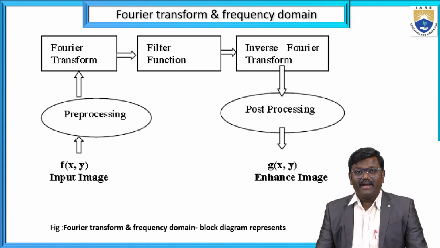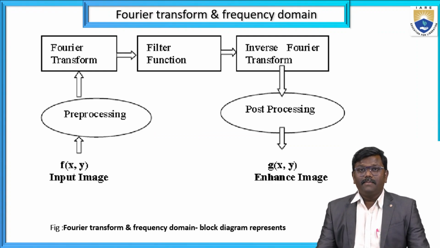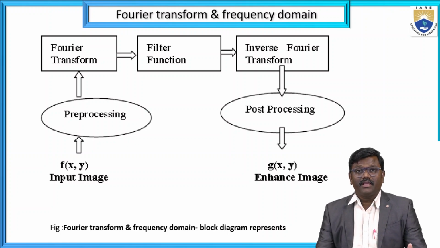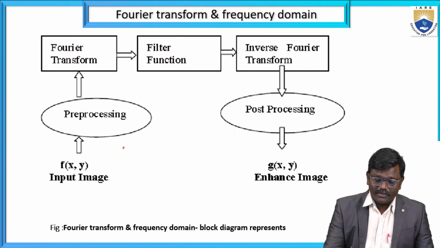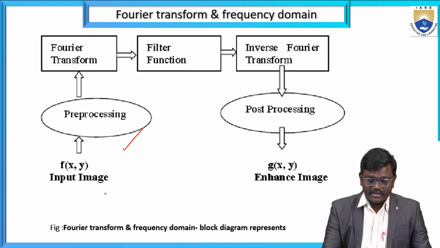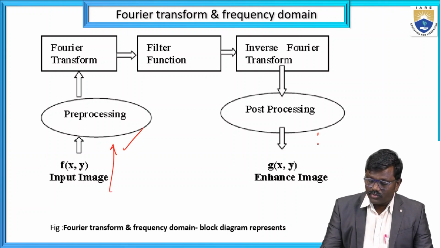We can extend that process with another simple diagram, to understand pre-processing and post-processing. Here the Fourier transform completely depends on pre-processing, connecting the input image and getting the output image.